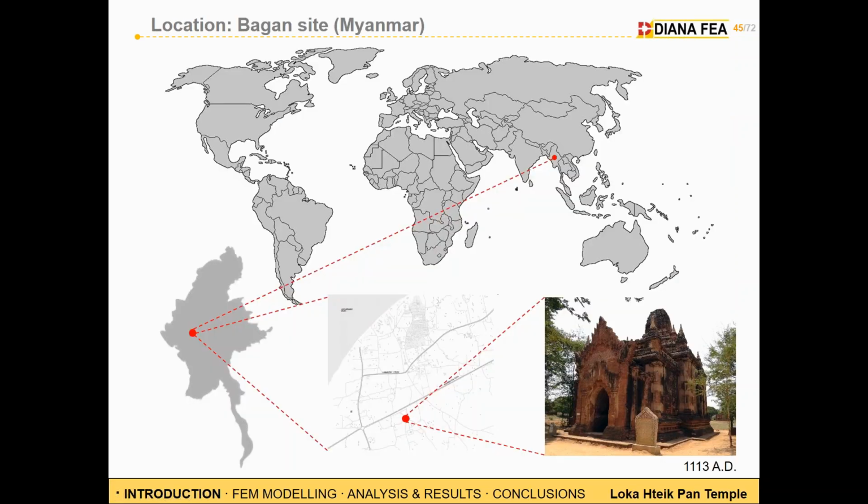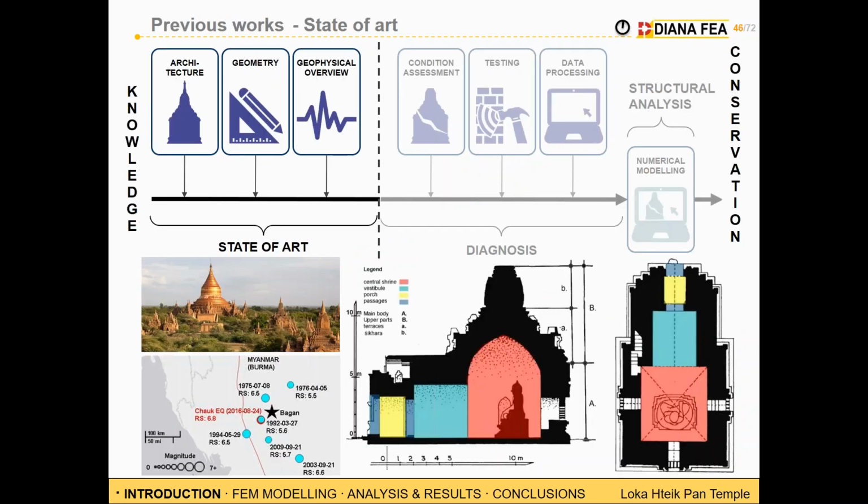Okay, as you already said, Loka Hteik Pan Temple is located in Myanmar, in the archaeological site of Bagan, which contains more than 3,000 Buddhist temples, more or less all dated along the 12th century. And as you can see, this temple is quite particular, especially for Western people, and it contains 3 rooms, which are the porch, the vestibule, and the central shrine.